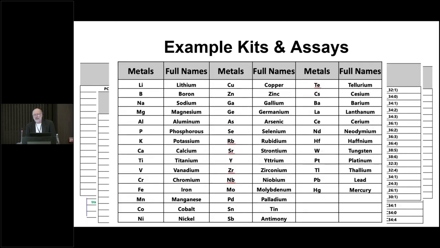So these are the things that can be measured in a single kit. This represents hundreds of compounds that can be quantitatively measured to an accuracy of about 10% from sample to sample and down to nanomolar or sub-nanomolar levels.